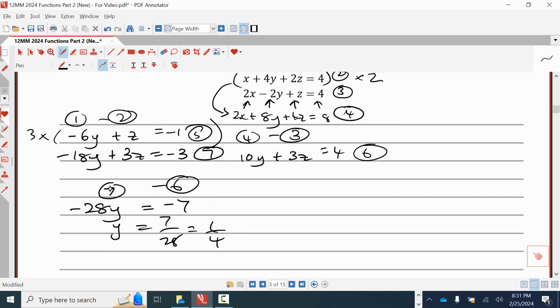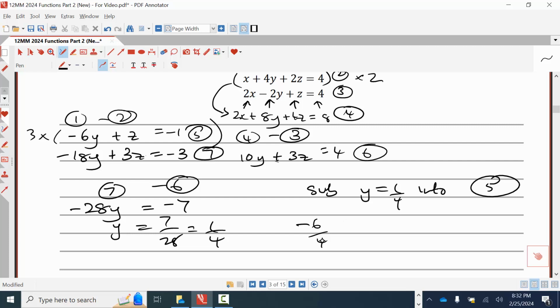Okay, so now what we'll do is sub y equals a quarter into, probably into, which one? There's equation 5, there's equation 6, it doesn't really matter, so I'm going to put it into equation 5.